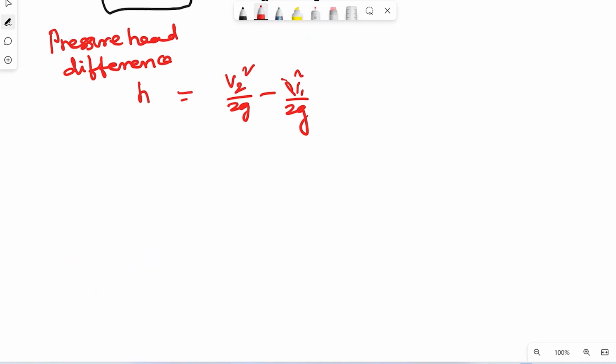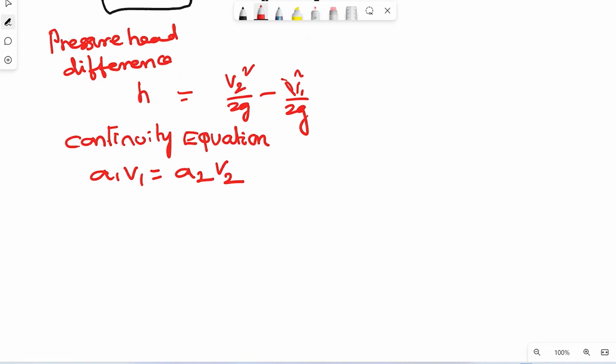Now according to the continuity equation, A1 V1 is equal to A2 V2, and it is nothing but equal to Q theoretical, where TH means theoretical.